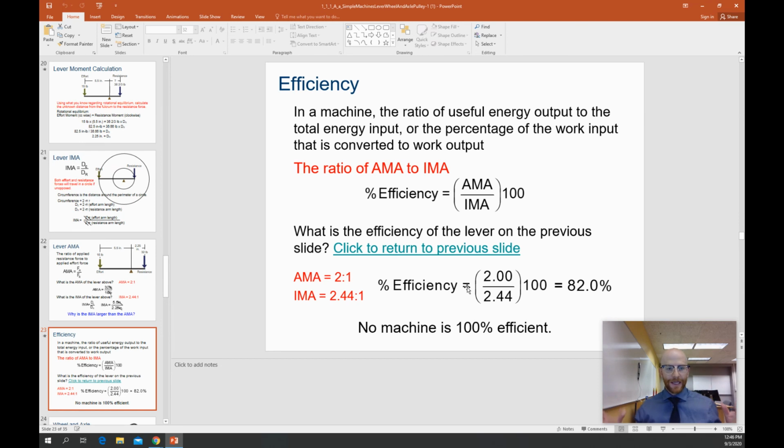You'd say this mechanism is 100% efficient, which is impossible. But that's what it's showing, the relationship between the ideal and the actual mechanical advantage. Well, what's the formula up on the screen? The actual mechanical advantage divided by the ideal mechanical advantage times 100.